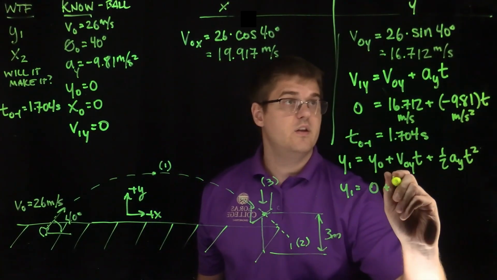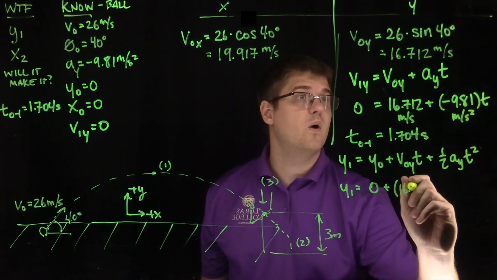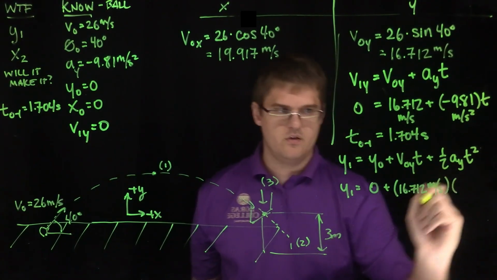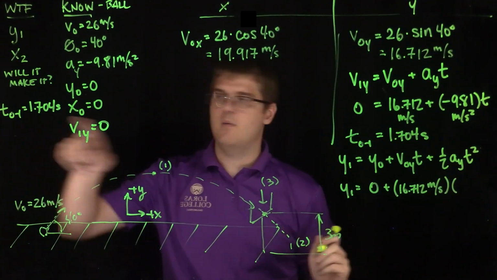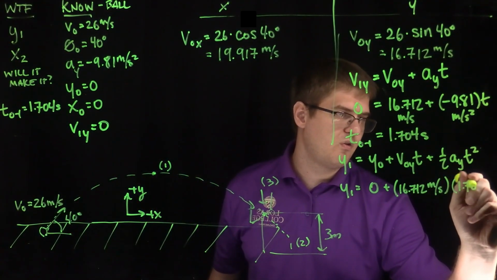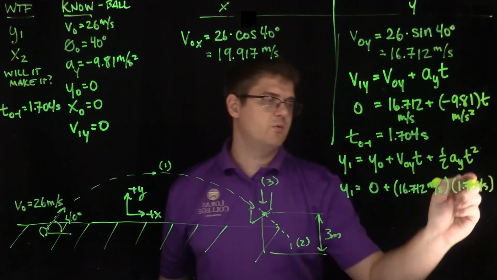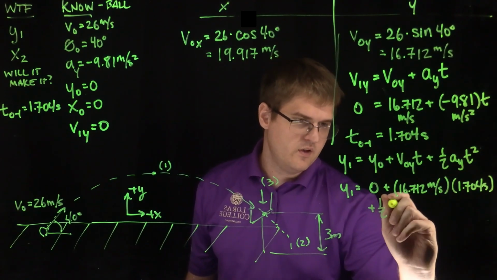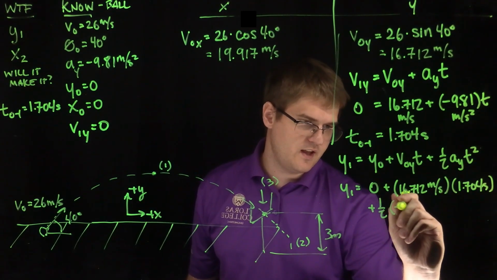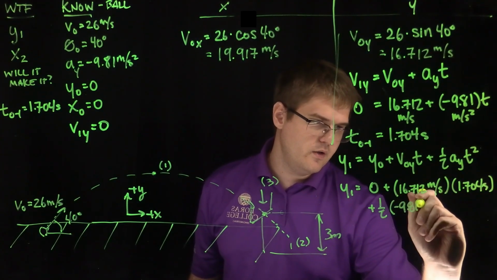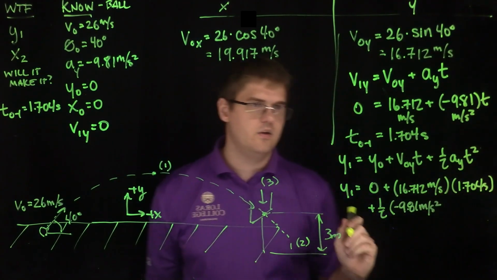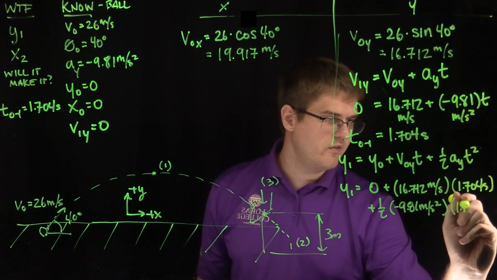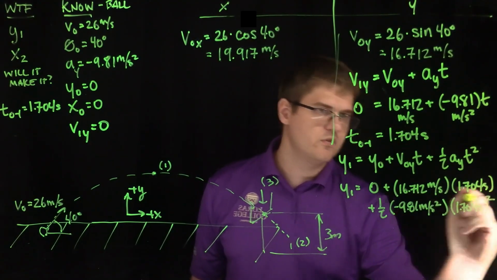Velocity initial is 16.712 meters per second, multiplied by my 1.704 seconds, plus 1/2 times my acceleration, which is negative 9.81 meters per second squared, times my time squared, so 1.704 seconds squared.